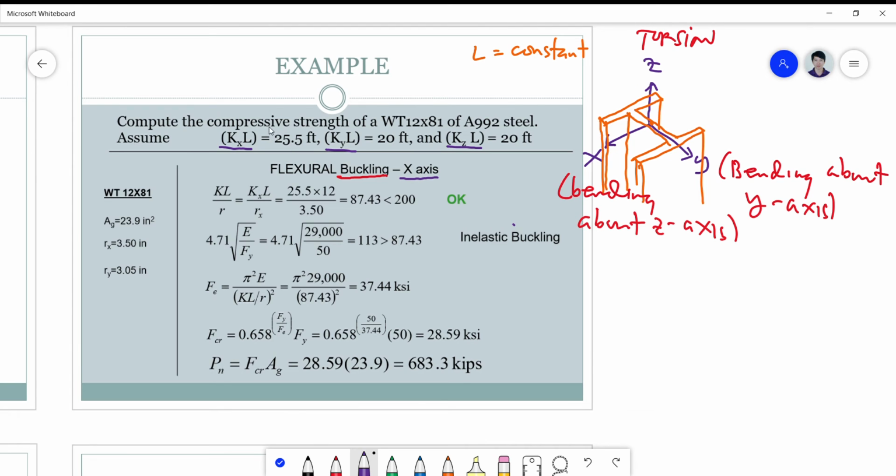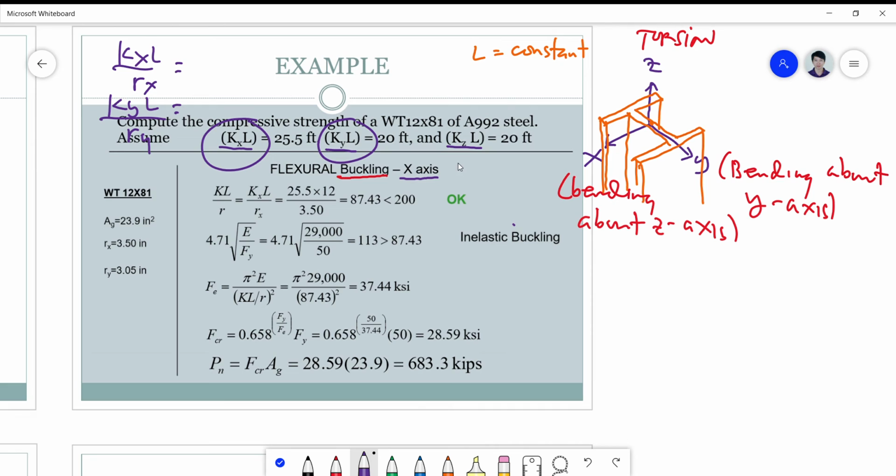So we might as well look into the two values first and compute for both KxL over rx and compare it with KyL over ry. Okay, so whichever is greater, you may use as the more critical.